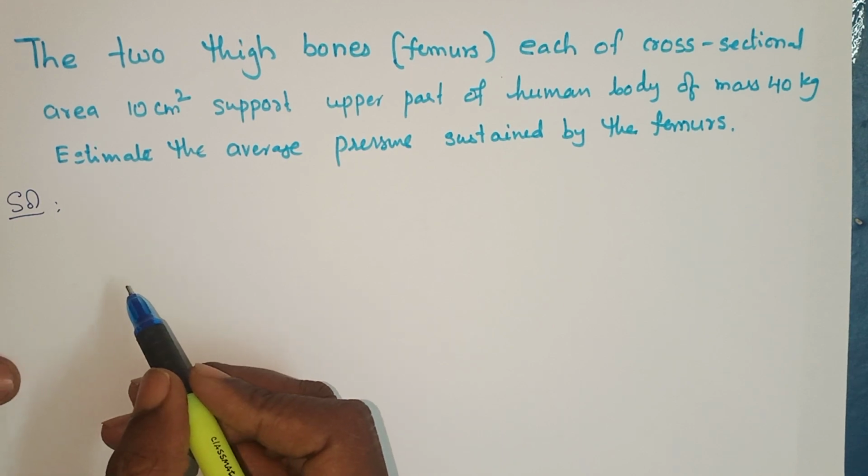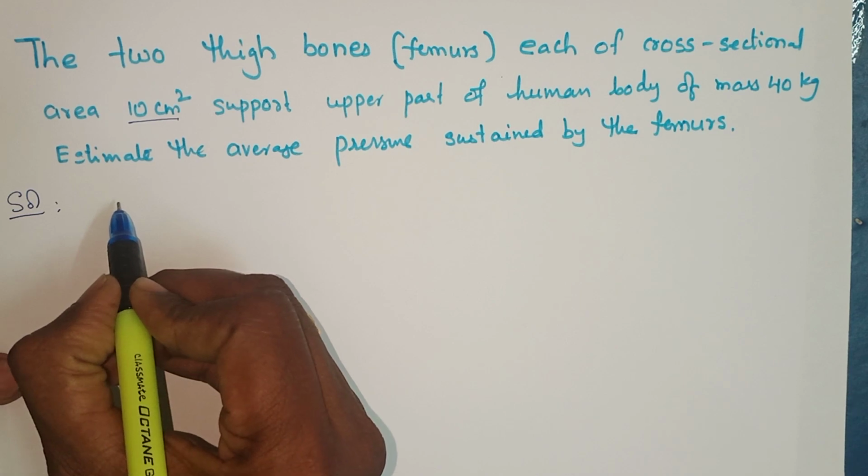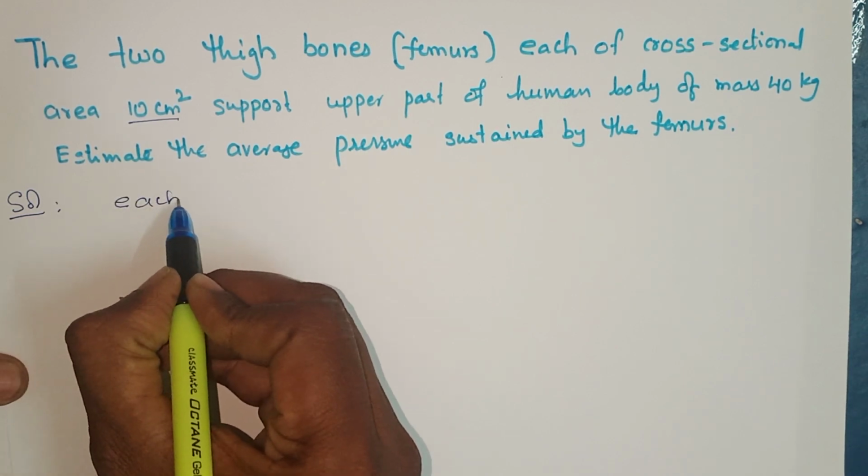See, the two thigh bones are there. Each thigh bone has a cross section area of 10 centimeters square.